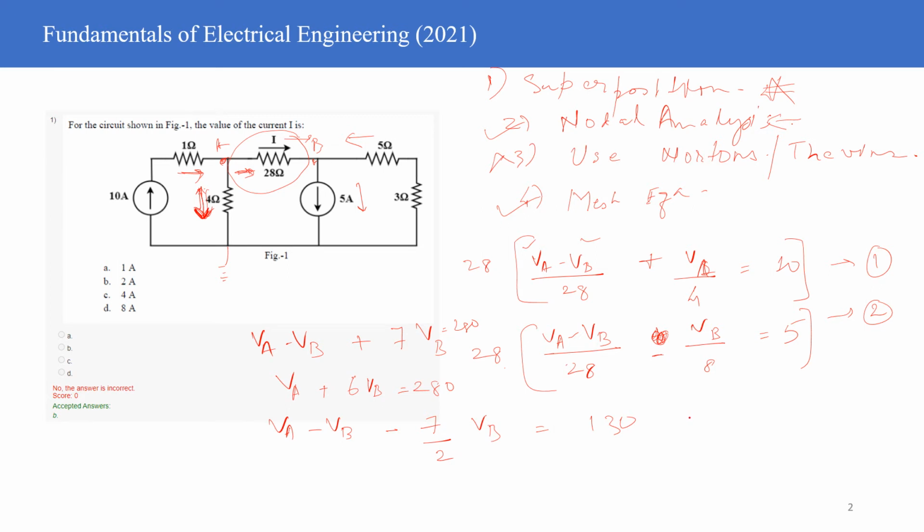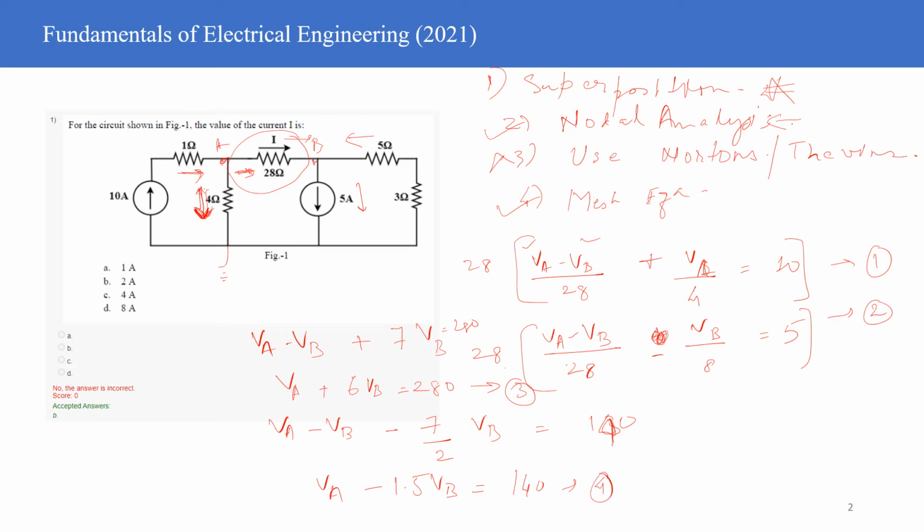Sir, it's 140. Yes, sir. And then this will give you VA minus 1.5 VB is equal to 140. So you have two simple equations: equation number 3 in reduced form and equation number 4 here.